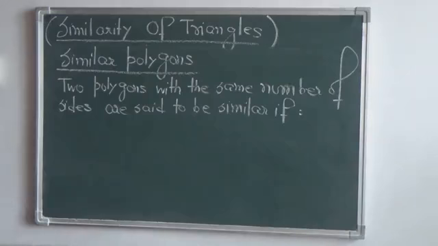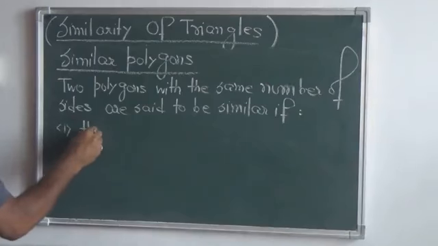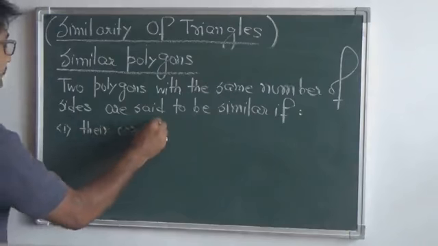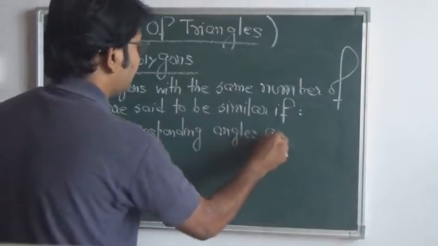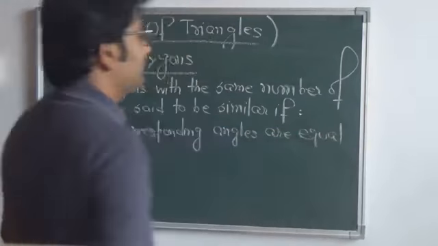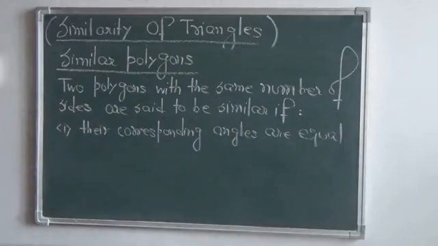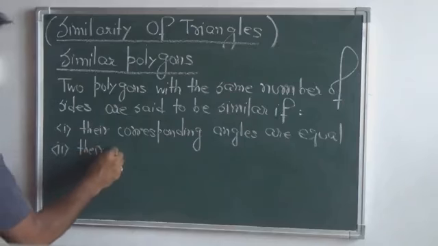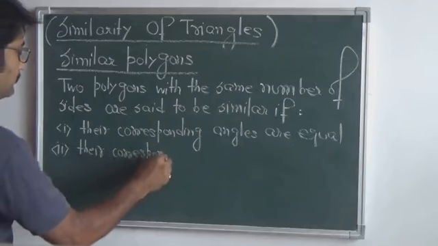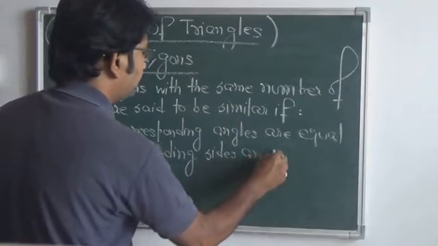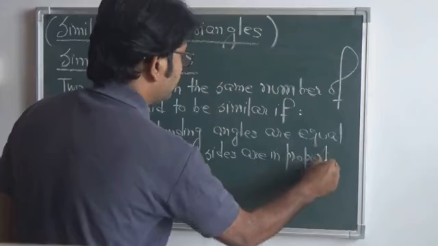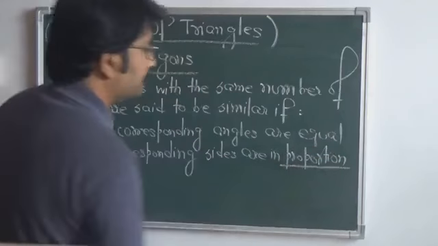if, number one, their corresponding angles are equal, and number two, their corresponding sides are in proportion.